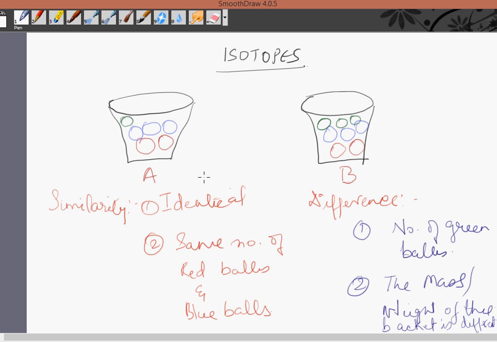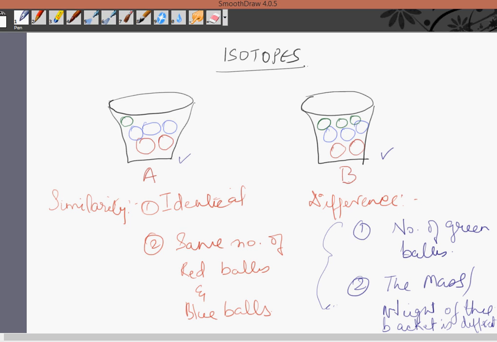Then they contain the same number of red and blue balls. They only differ in the green balls. That is, the difference is the weight. If we carry it, this will be heavier, and this will be the lighter one, right?